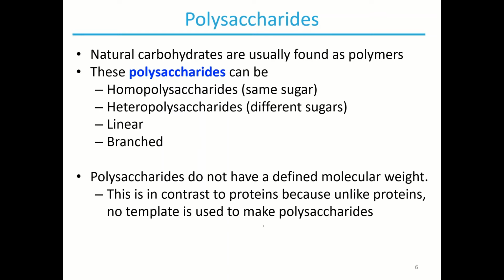They can be linear, and what we mean by that is the same glycosidic bond repeating itself over and over, or they can be branched, where you can have multiple types of glycosidic bonds in a chain. They don't have a defined molecular weight.